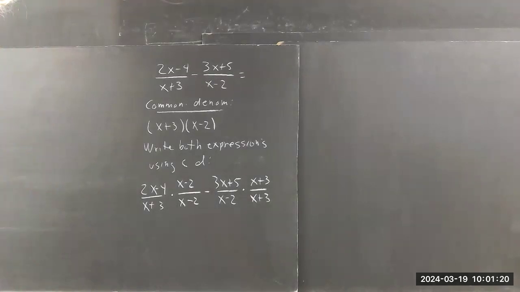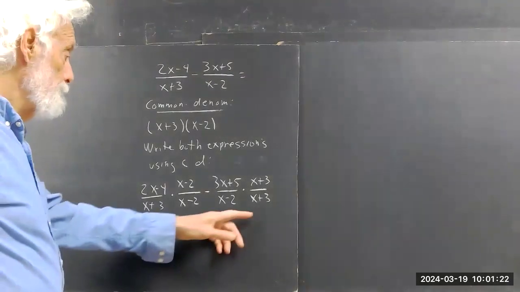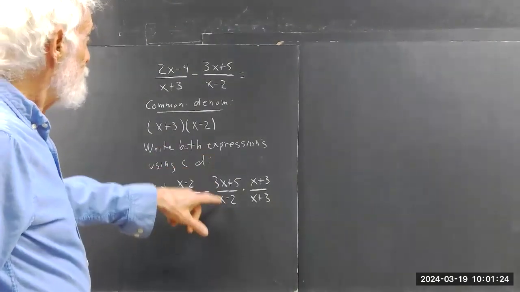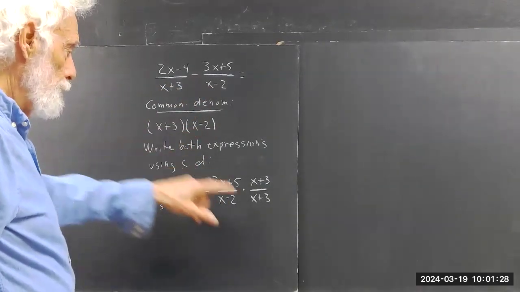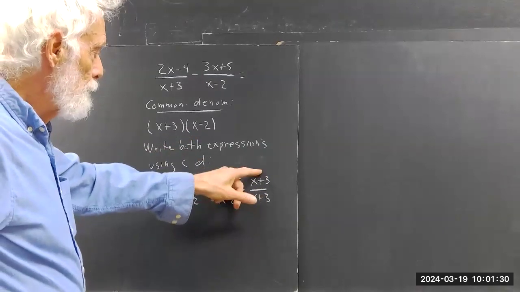We have this. Okay. Again, here we had x minus 2 in the denominator. We needed x plus 3. This is how we get it.